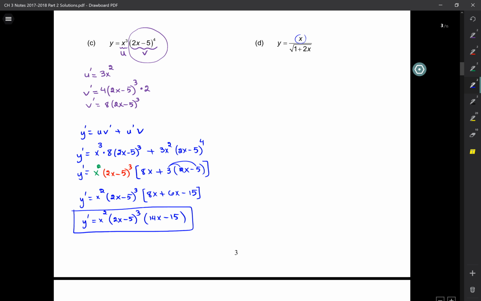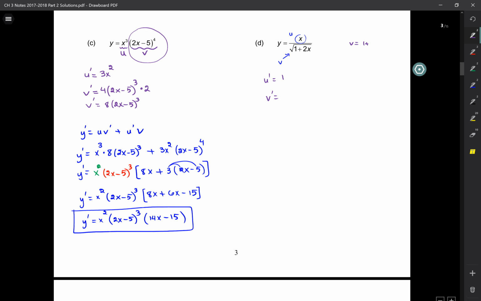Let's say this is U and this is V. Take U prime and take V prime, and then we'll do our low, D, high. Okay. So what's U prime? 1. Okay. Let's write V separately here.